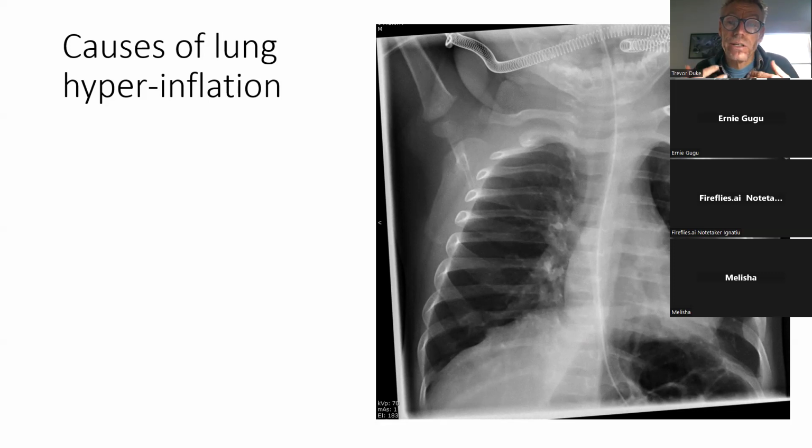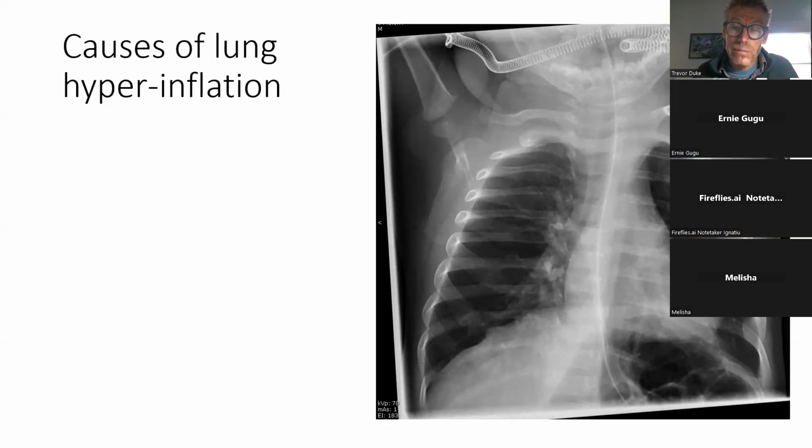Air can get in, but the child has difficulty exhaling the air. And in this case, with this child, remember we heard a very prolonged expiratory phase, which means there's some expiratory airflow obstruction. And you can see that the lungs are very hyperinflated and they look more black than normal, don't they?